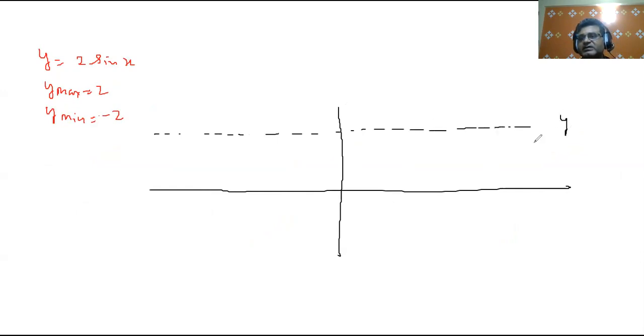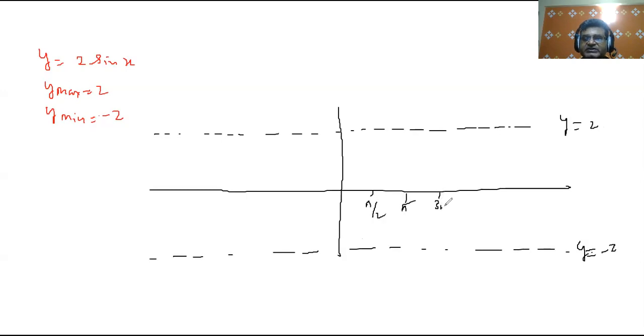This line is now y equal to 2, and here this line will be y equal to minus 2. So there will be no change in this, only the height of the graph will change.